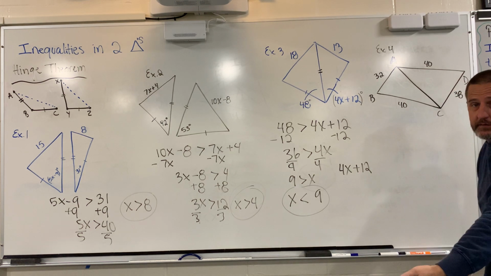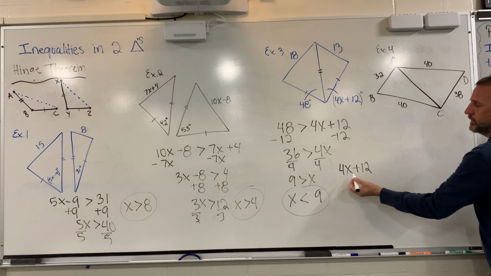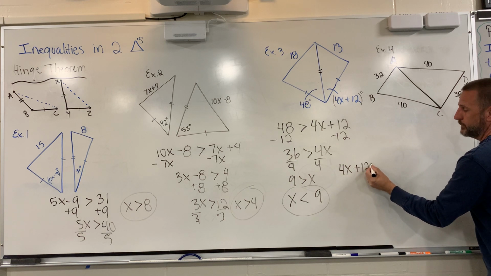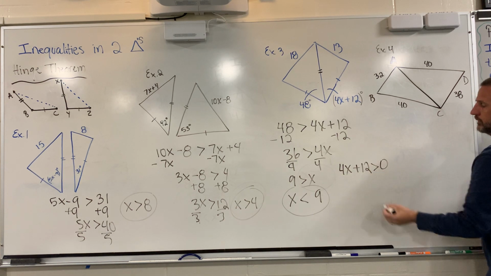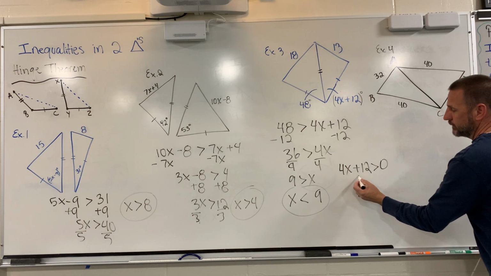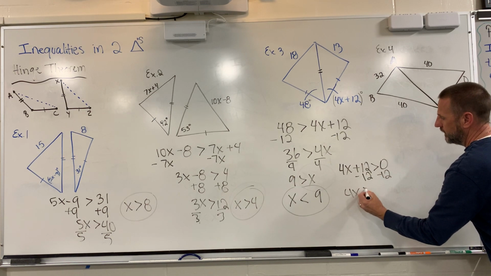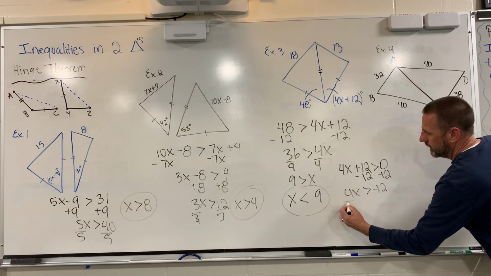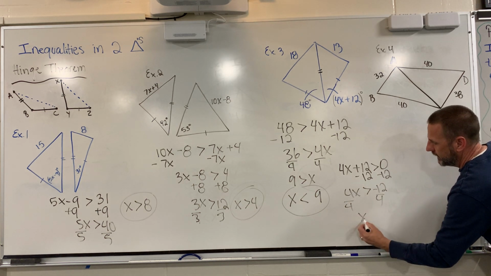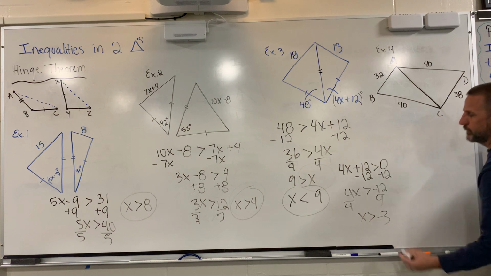Okay, and if it's on the negative side, it's even less. So what I'm going to do is say, well, 4x plus 12 has to be greater than 0 because we need it to be an actual angle. So I'm going to solve that, and I've got 4x, and when I divide by 4, I know that x has to be greater than negative 3.